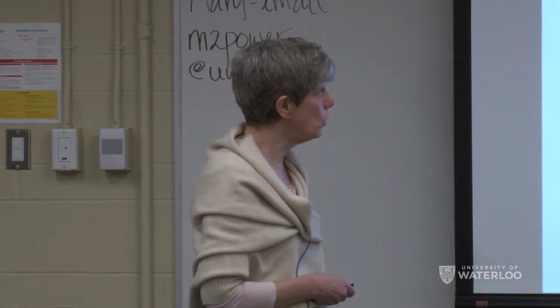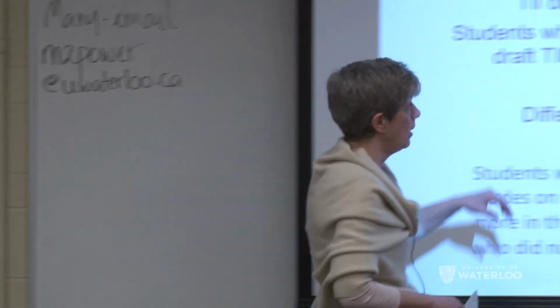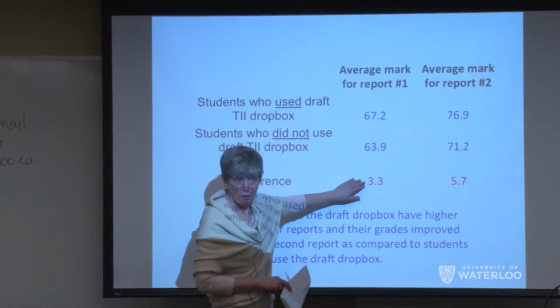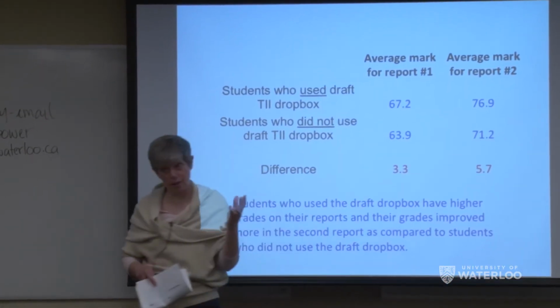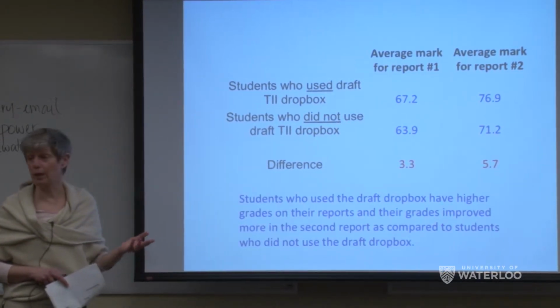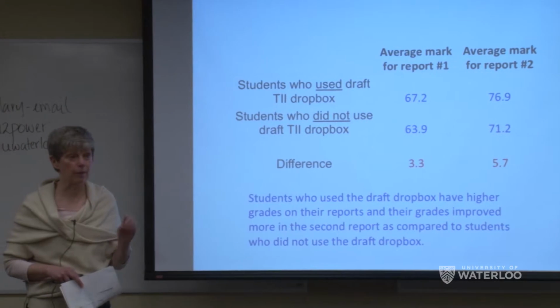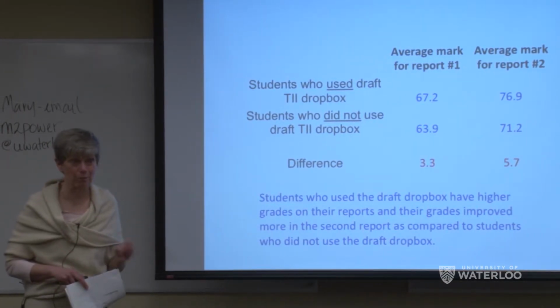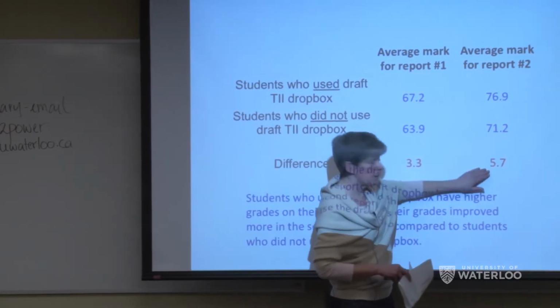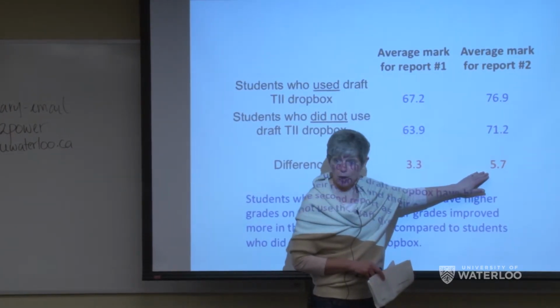Students who used the draft Dropbox had a higher grade than those who didn't. Those students may not have been doing it at 3 a.m. the day before, so they've put a little more effort into it. But I'm really pleased to see that it's even getting better as time goes on.